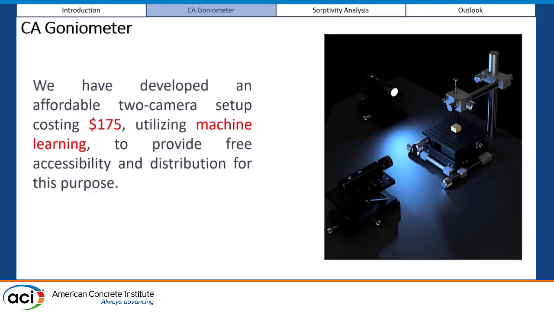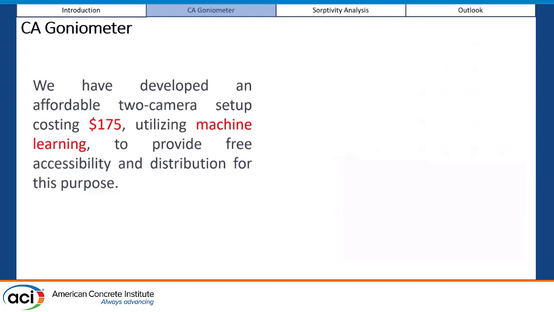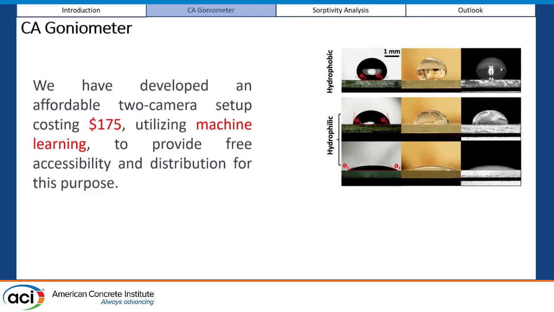So the thing is, with a very simple setup, you can capture the behavior of a droplet on the surface of your cement sample, and these will be the results. Either the room is dark and the camera has its own light source, which is called front-lit illumination.